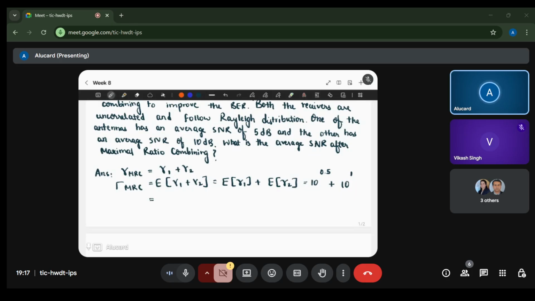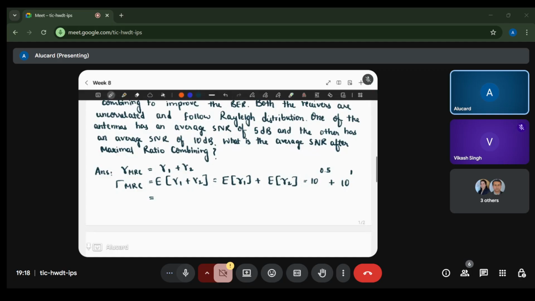Which will turn out to be 3.16 plus 10, 13.16.